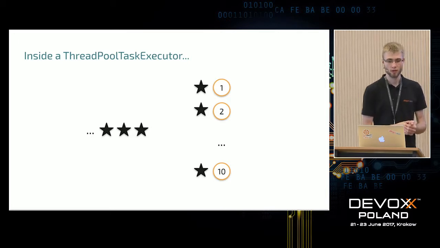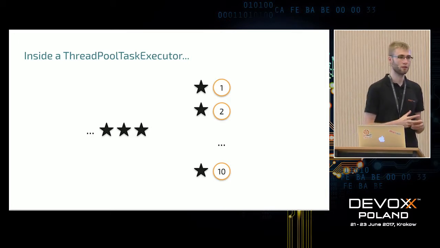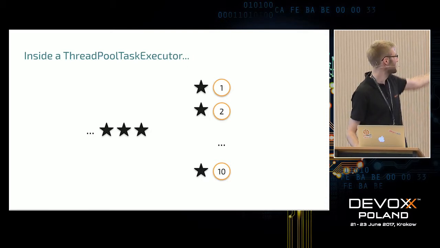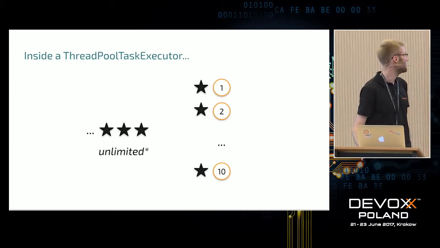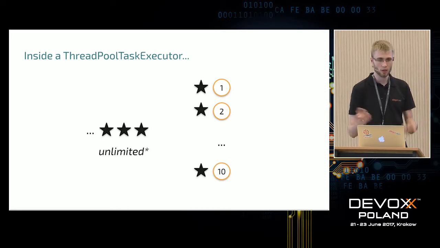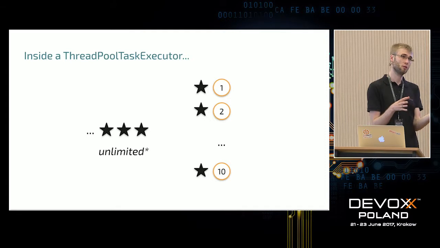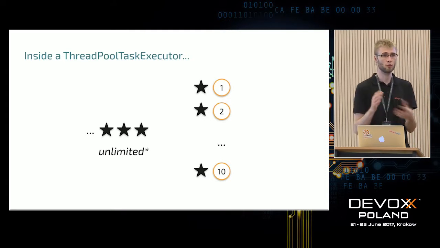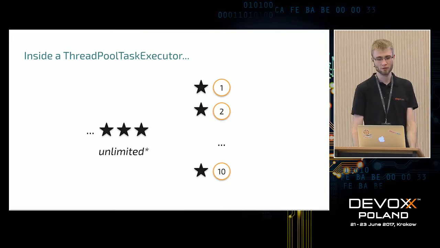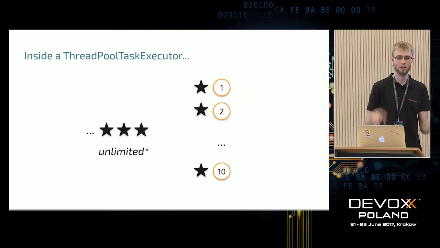If we have more load than we can process, we are going to grow our queue indefinitely because it's unlimited by default. Well, actually, it's not unlimited. Under the hood, we have a linked blocking queue, so the maximum size is integer max value, which is basically effectively unlimited.